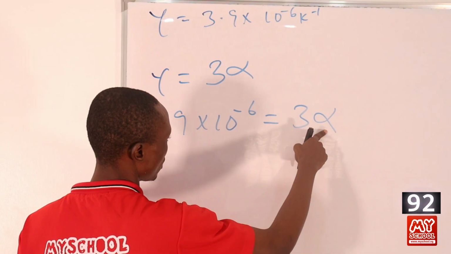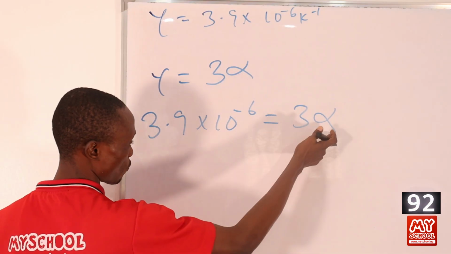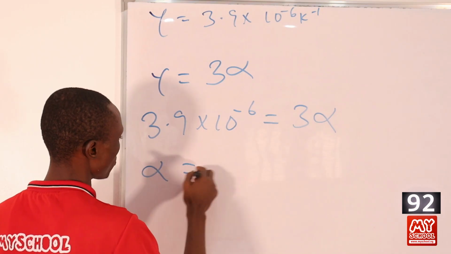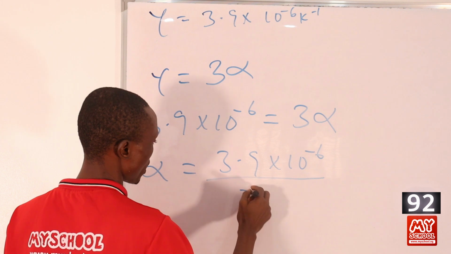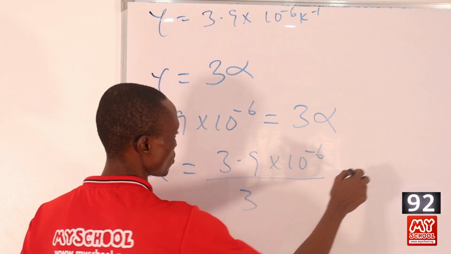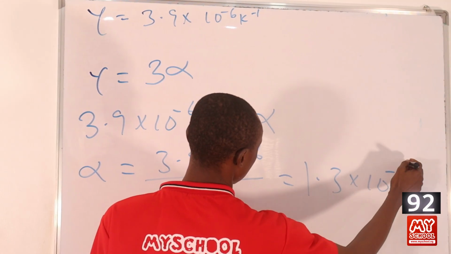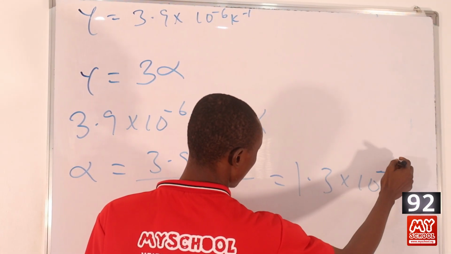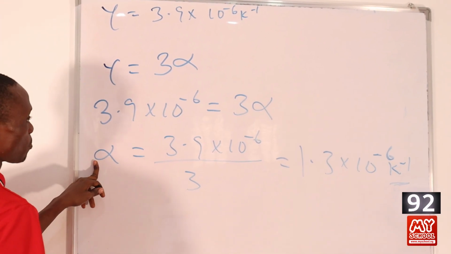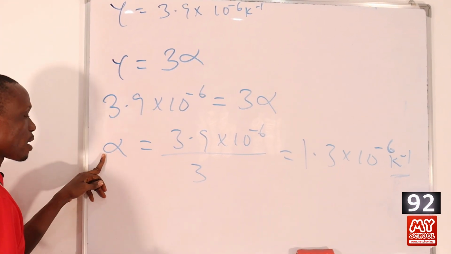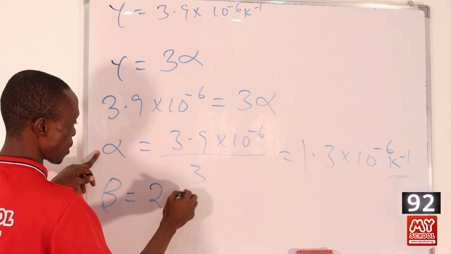So here we can make alpha the subject of formula by dividing both sides by the coefficient of alpha, which is 3. So alpha will now be equals to 3.9 times 10 raised to power minus 6 divided by 3. So 3 in 3 will be 1, then 3 in 9 will be 3, so alpha is 1.3 times 10 raised to power minus 6 per Kelvin. Now that I've gotten the value of alpha, remember that for area expansivity, beta is equals to 2 alpha.